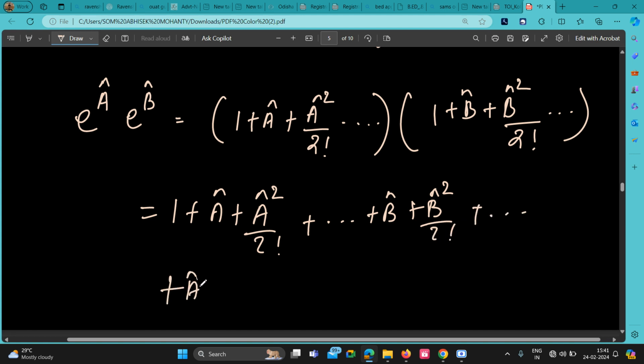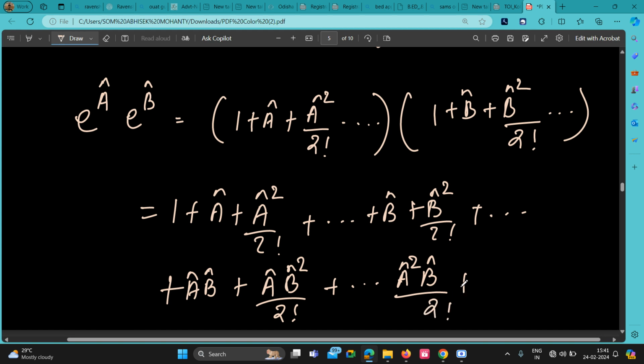So 1 plus Â we will multiply with this, plus Â square by 2 factorial plus dot dot dot, plus B̂ will start now, and plus B̂ square by 2 factorial plus dot dot dot, plus ÂB̂ plus ÂB̂ square by 2 factorial, plus dot dot dot, Â square B̂ by 2 factorial, plus Â square B̂ square divided by 2 factorial into 2 factorial. I'm just multiplying them.